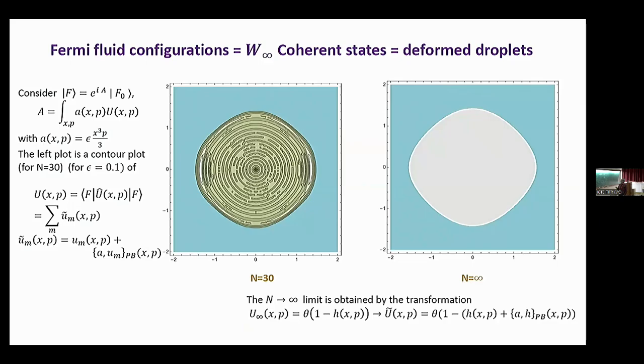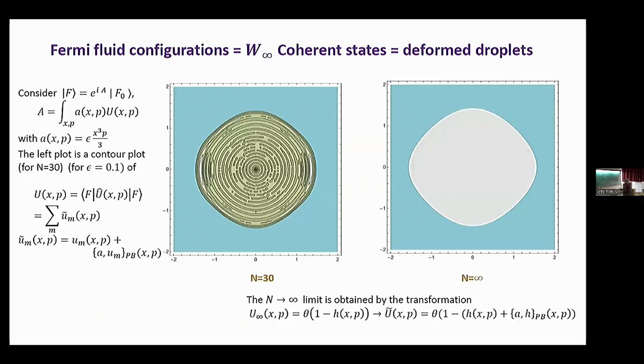So here's one example of how Fermi fluid configurations can be represented by W infinity coherent states, which are simply deformed droplets in the h bar going to 0 limit. This is a particular example of a W infinity transformation given by a deformation of the single particle Hamiltonian by this small deformation.